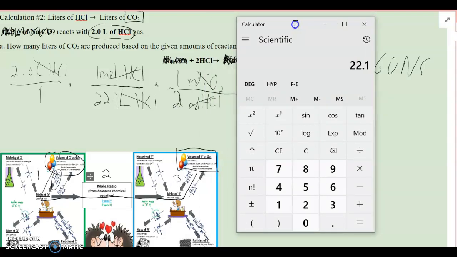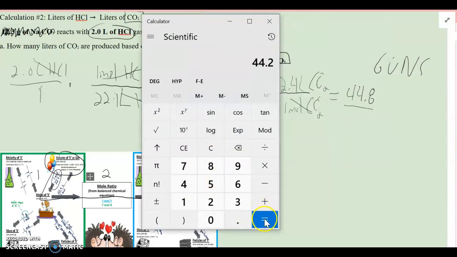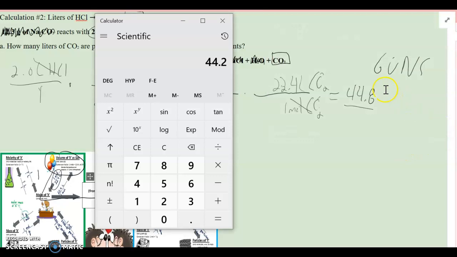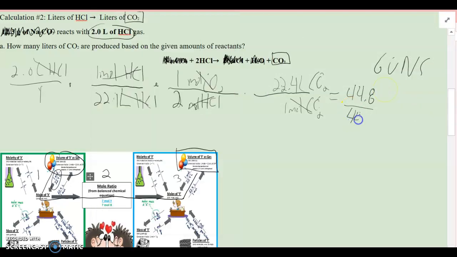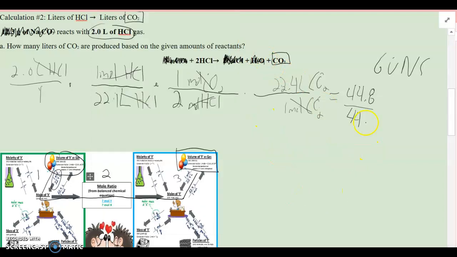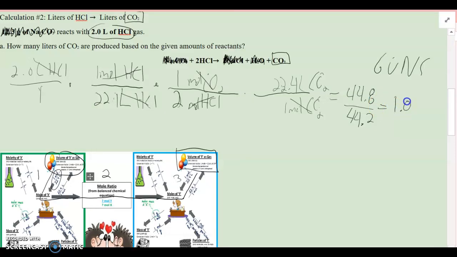So it's actually 1 times 22.4 times 2. Let's see what 44.8 divided by 44.8 is. Equals 1.03. The unit that I'm left with is liters of CO2.